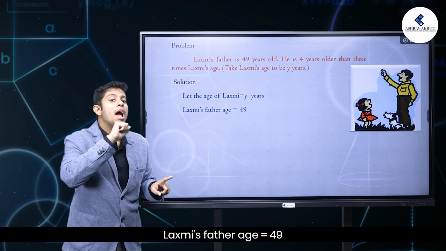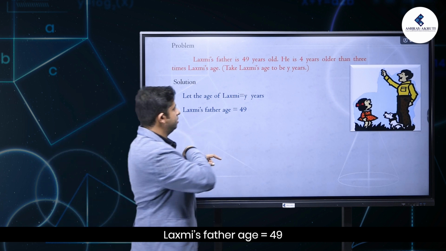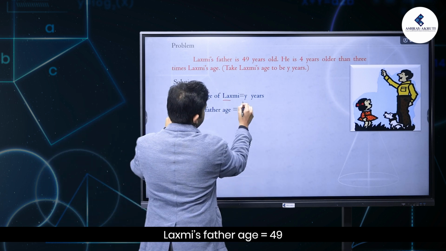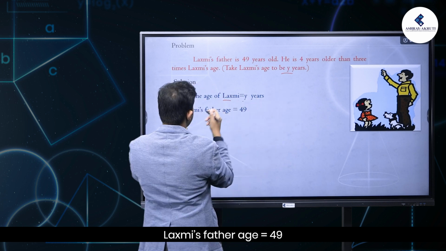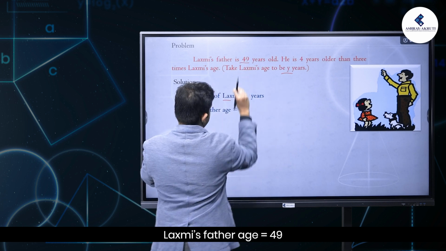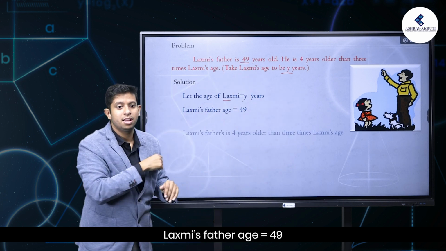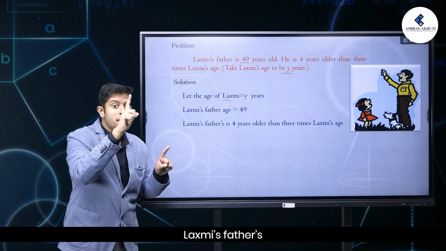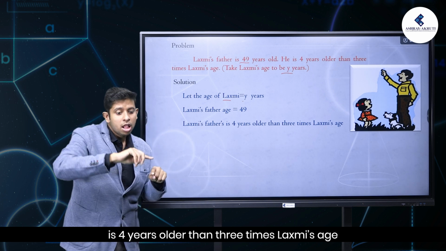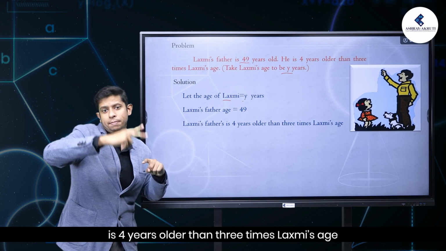Lakshmi's father's age is equal to 49. Lakshmi's father's age is 4 years older than 3 times Lakshmi's age.